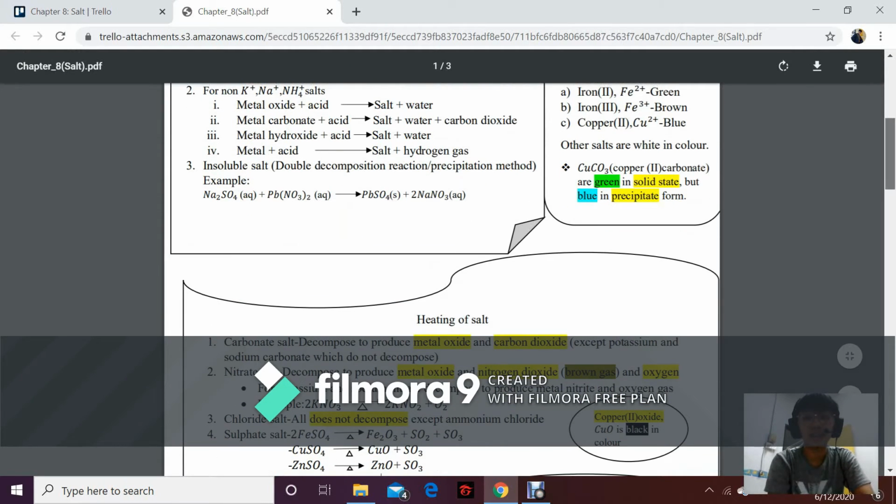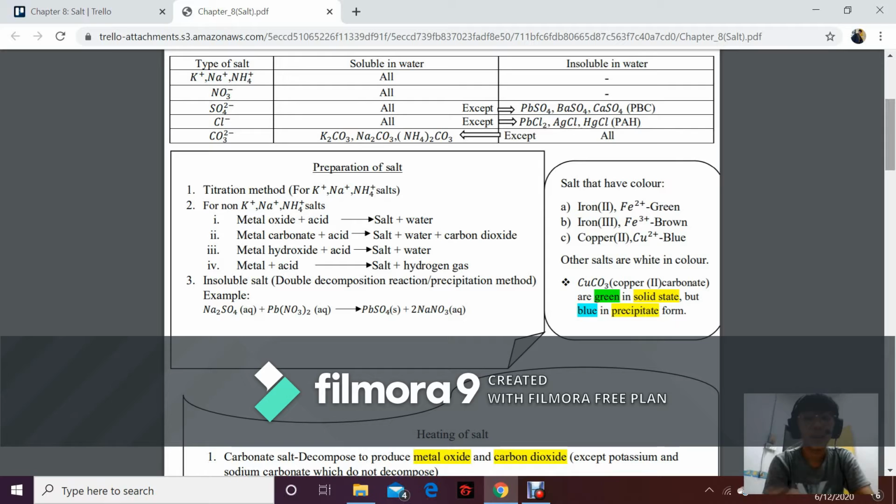So the titration method is definitely for potassium, sodium, and ammonium salt only. So what if the metal ion is not K plus, Na plus, and NH4 plus? You got another four method to prepare your salt. For example, if you got metal oxide plus acid, you will produce salt and water. So metal oxide, for example, FeO, iron oxide.